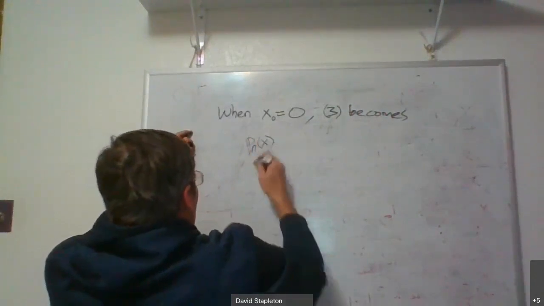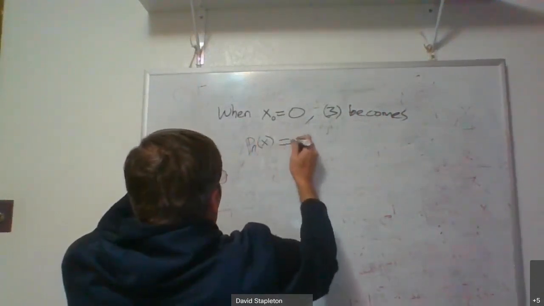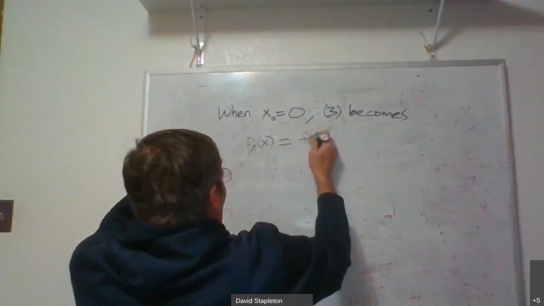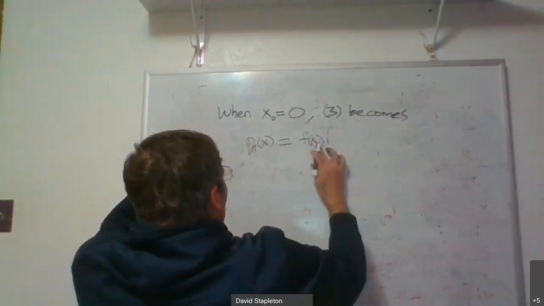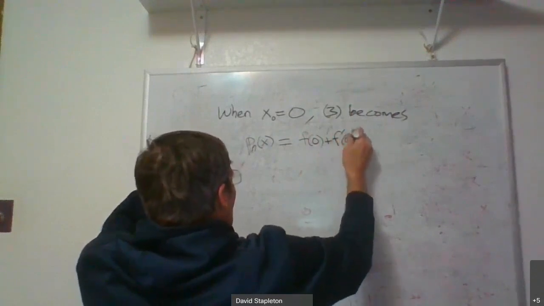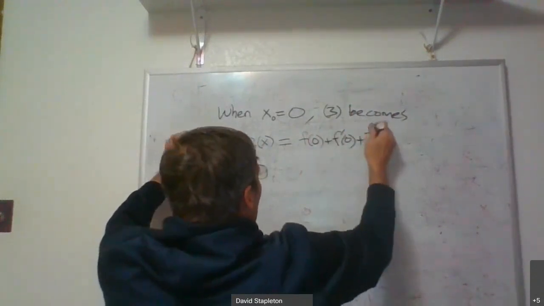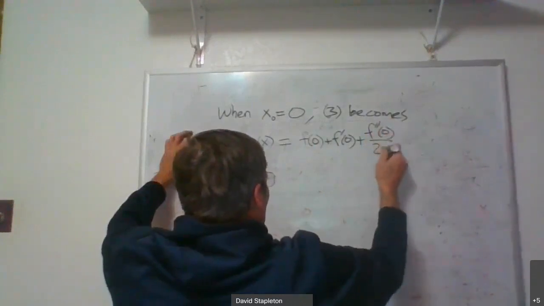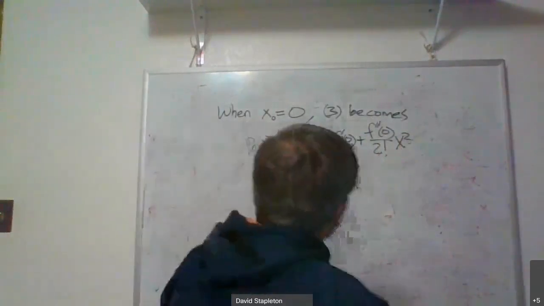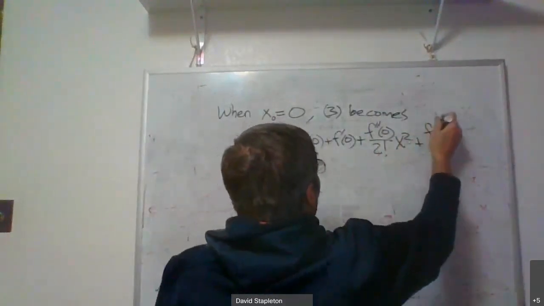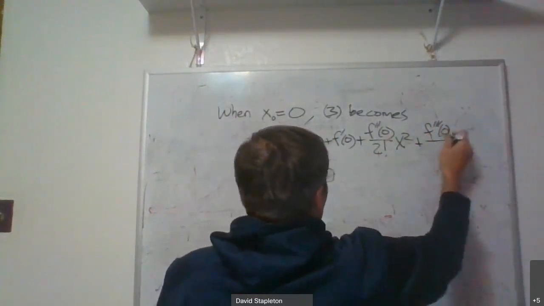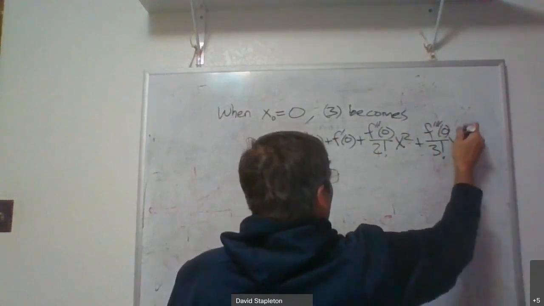T sub n of x, the nth degree Taylor polynomial at 0, is f of 0 plus f prime of 0 x plus f double prime of 0 over 2 factorial x squared. Minus x0 squared is just x squared. Plus f triple prime of 0, I can write 0 every time, so that saves writing, over 3 factorial x cubed.